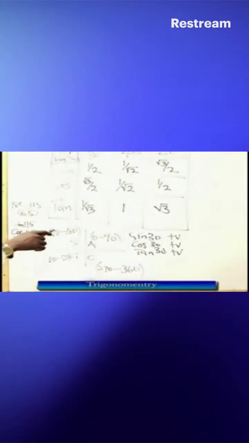When you subtract it from 180, you will have 65 degrees as your answer. So it is sine 65 you actually look at in your 4-figure table. But one thing you need to understand is this: in this quadrant, only sine is positive. All others are negative.